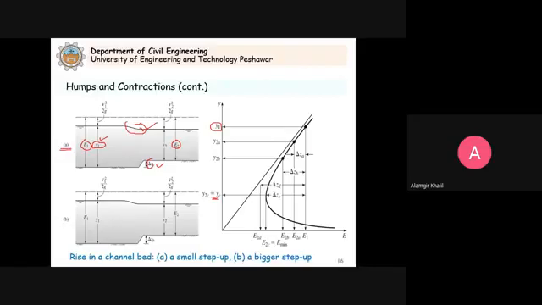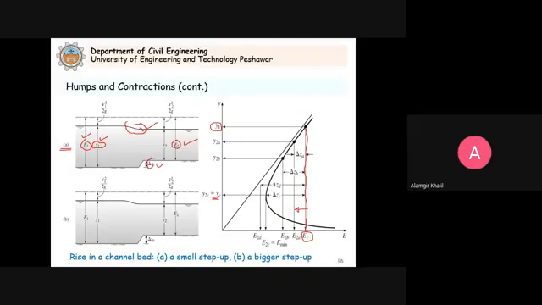Now you see here, in the first case we just increase. So what happened is that there is a decrease in the specific energy. So we are here actually. Now this is the depth, and this comes here, and this is the line here, and this is your E1. Because, as I say, there is a decrease in the specific energy, we go to the left of this curve.